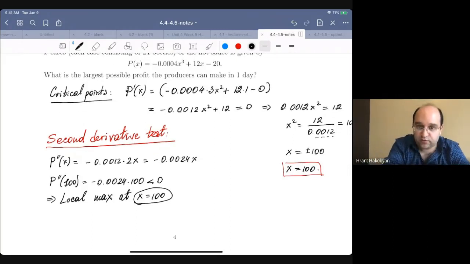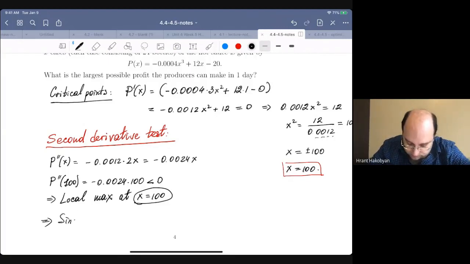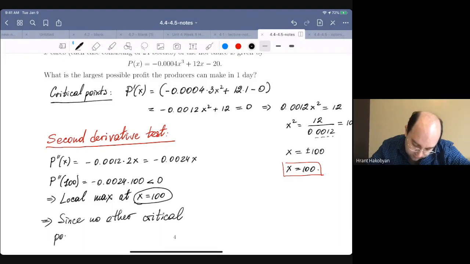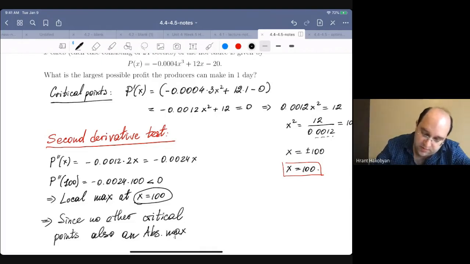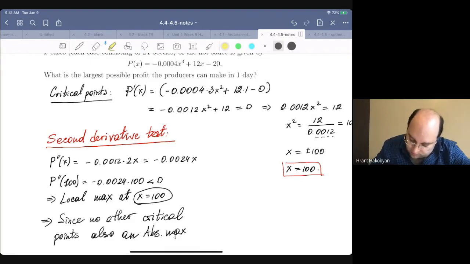So this is in reality an absolute maximum, since there are no other critical points. So it's an absolute maximum again because there are no other critical points.